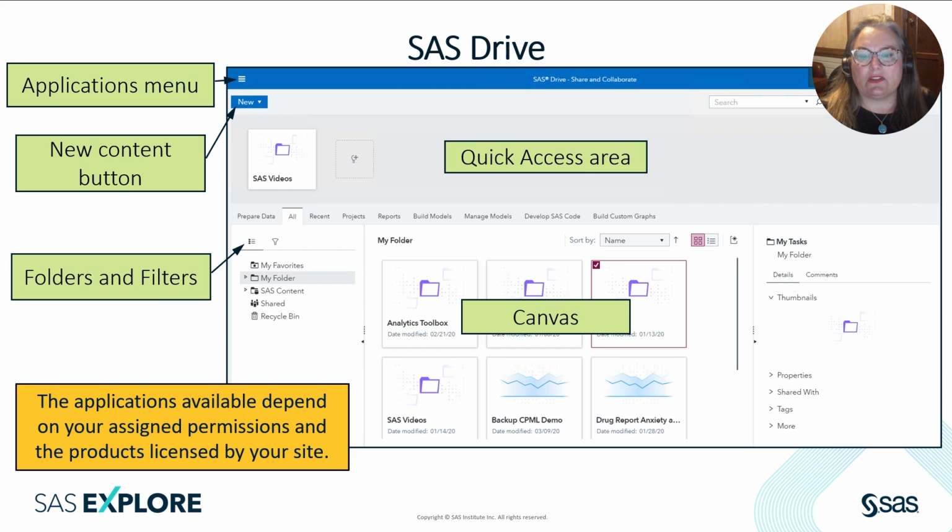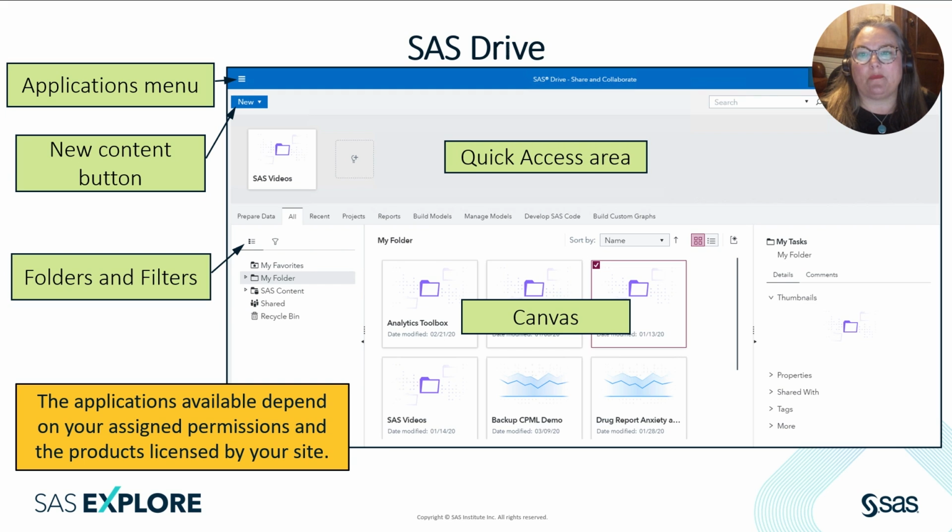So we will start the session today in SAS Drive. This is the first place, or the landing place, that you will see after you have logged into Viya for Learners or Viya. And again, this is SAS Drive. Keep an eye on the top. That blue bar will always tell you what application you are in.